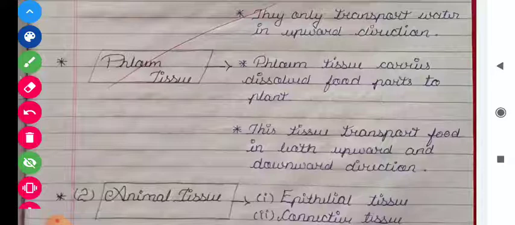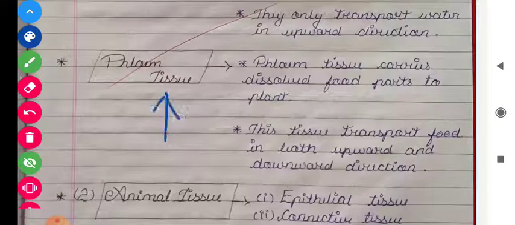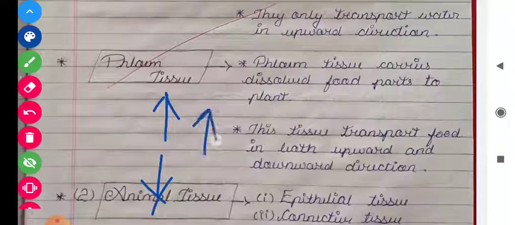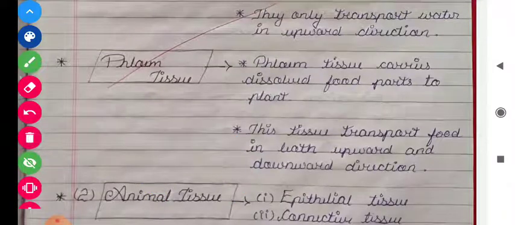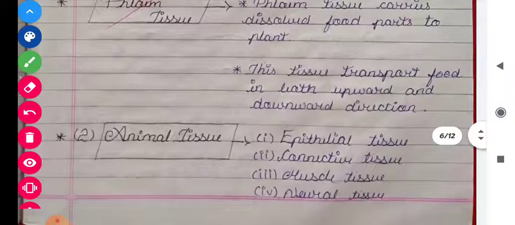Is this flow of food in both directions or in only a single direction? Anyone knows? क्या फूड का ट्रांसपोर्टेशन ऊपर और नीचे दोनों जगह होगा या सिर्फ ऊपर की या तो नीचे की डायरेक्शन में ही होगा? So students, the flow needs to be in multiple directions, meaning in both directions, upward and downward.